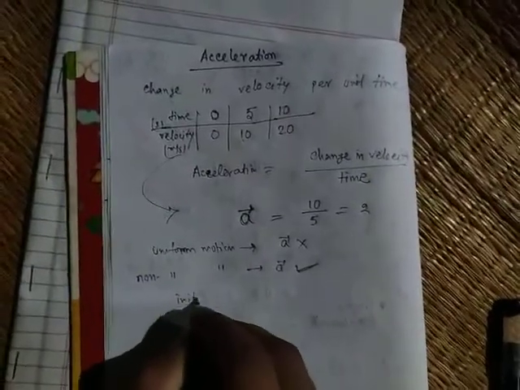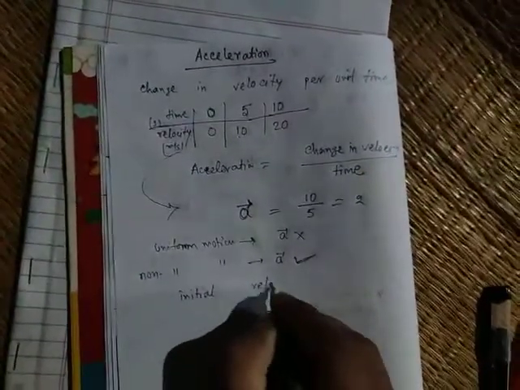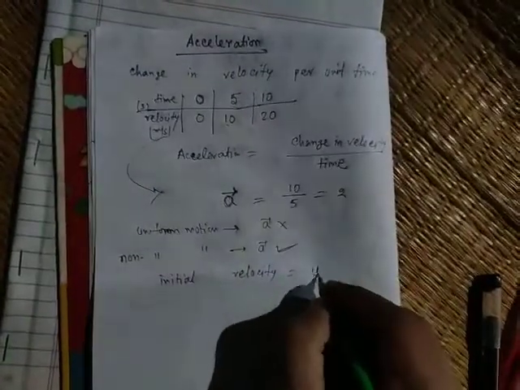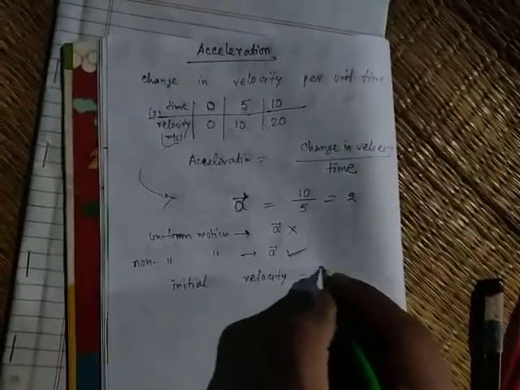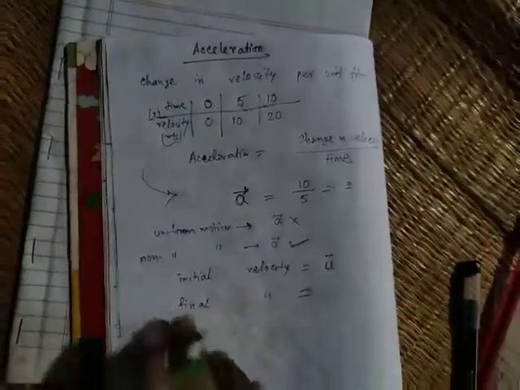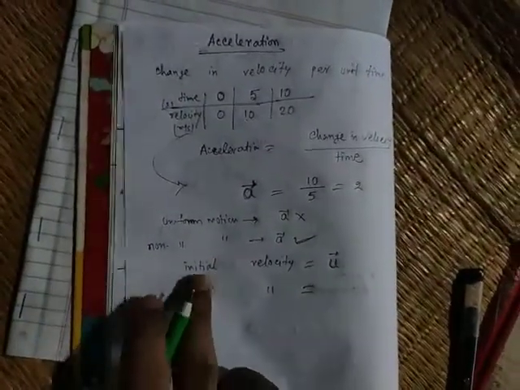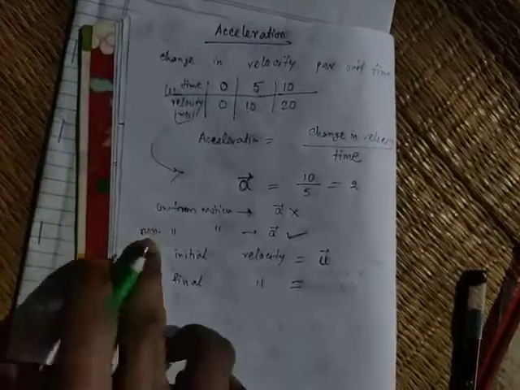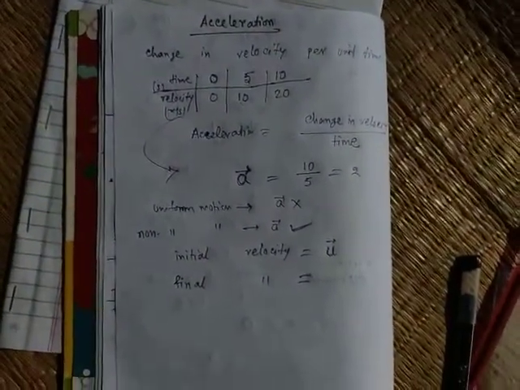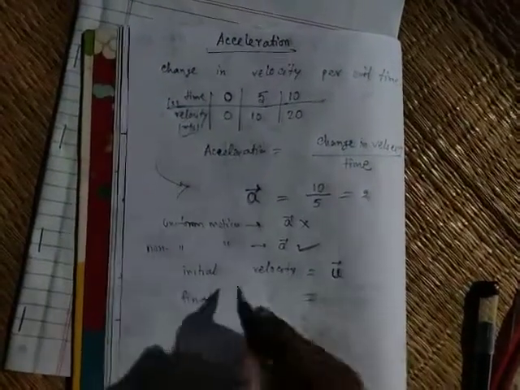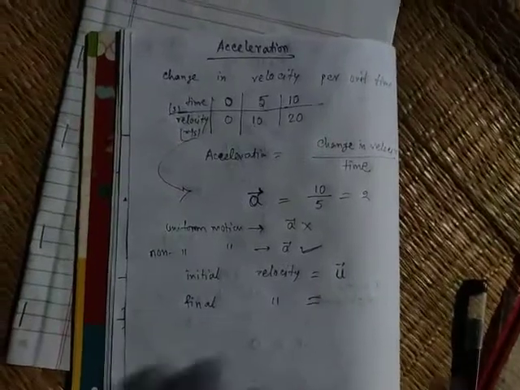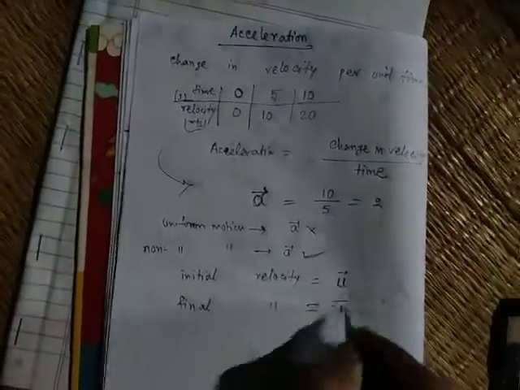One is called initial velocity, which is represented by u, and another is called final velocity. Understood why I am writing initial velocity and final velocity? Non-uniform motion means velocity changes. The initial velocity is represented by u, and the last or final velocity is represented by v.